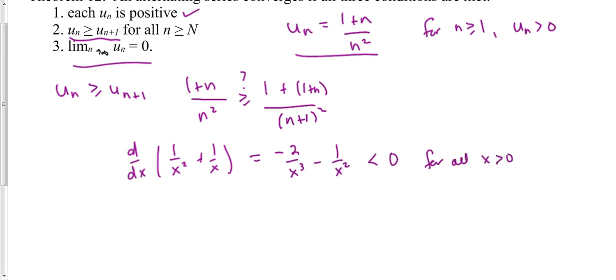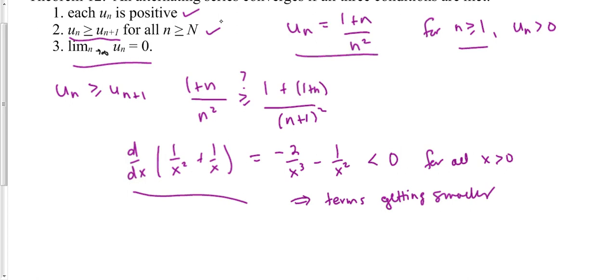And in this case, x is really n, and I've already said that n is going to have to be greater than or equal to 1. And because my derivative is less than 0, this tells me that the terms are getting smaller. So our second criterion is met.